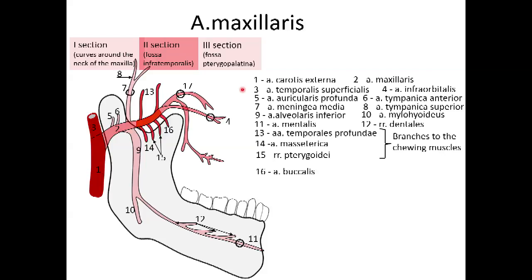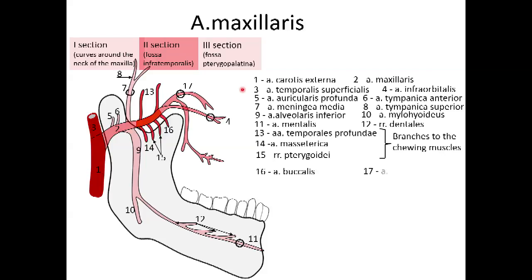So it is a really strategic place inside of the skull, and that's why the branches of the third section use 1 canal, 1 fissure, and 1 foramen.